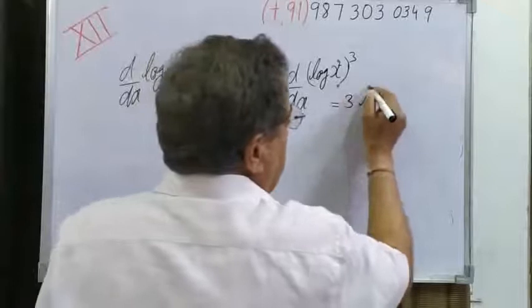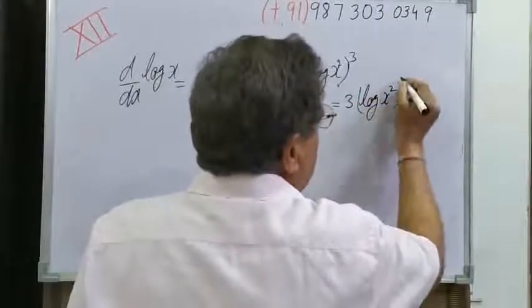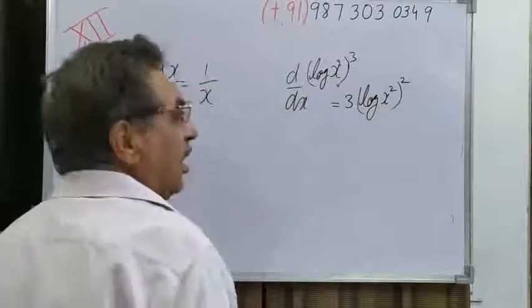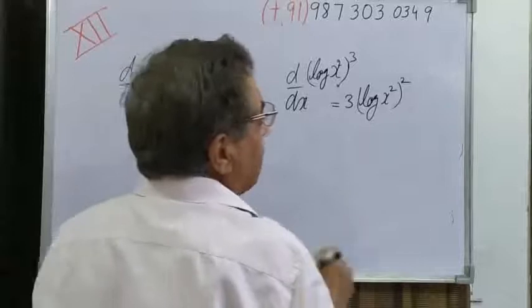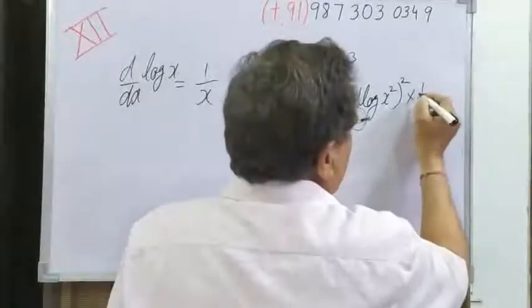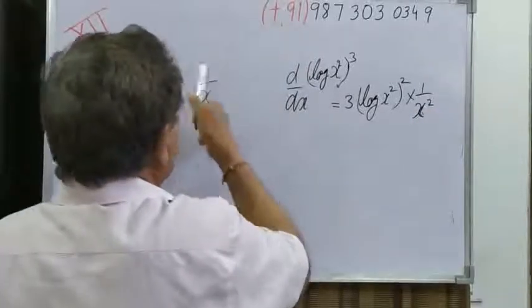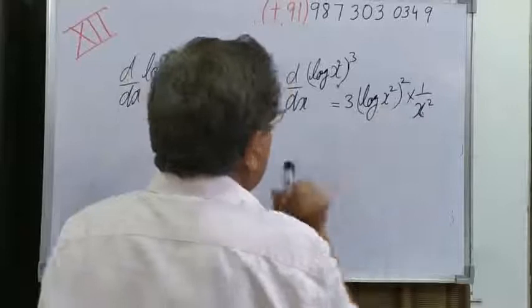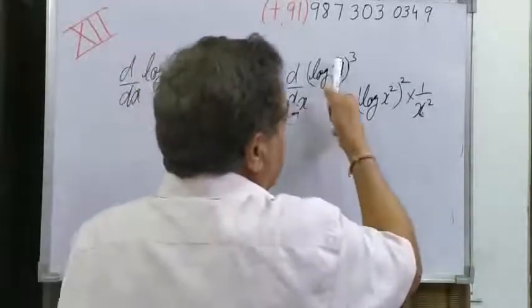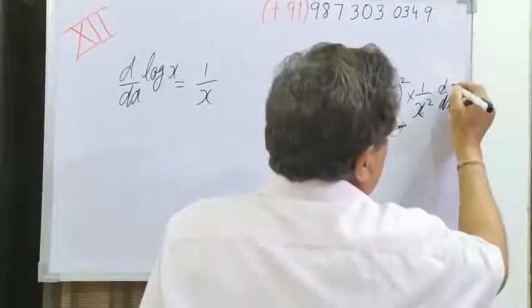It comes to be 3 log of x squared to the power 2, and then by the chain rule, the derivative of log x squared is 1 by x squared, and then the derivative of x squared, which is 2x, also comes in as the chain rule says.